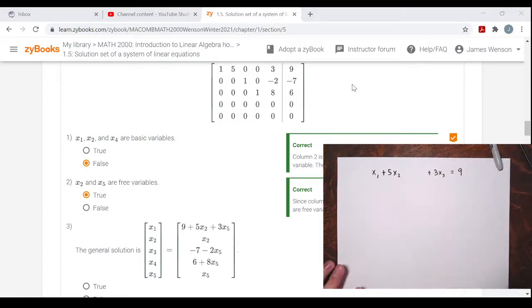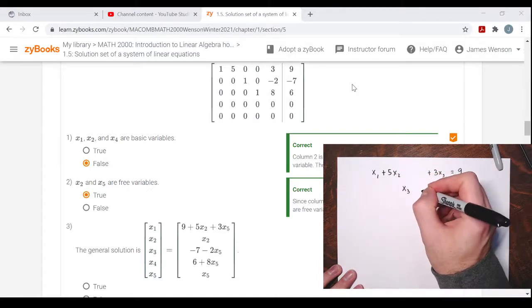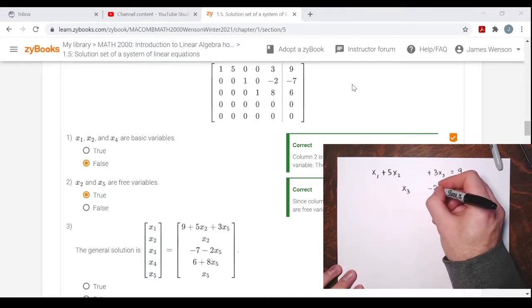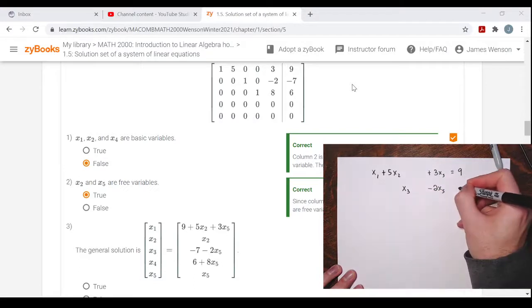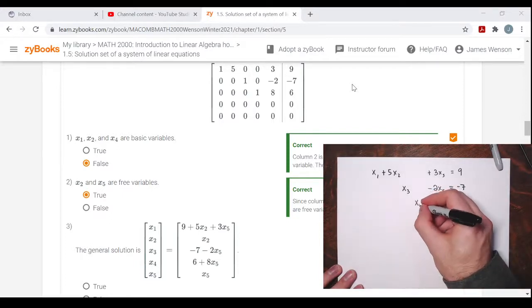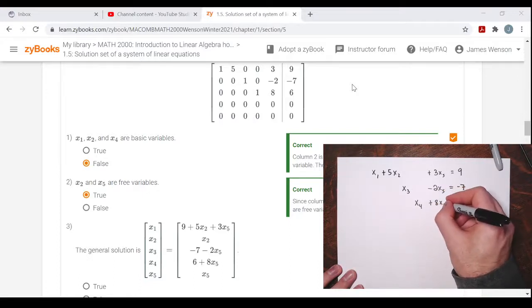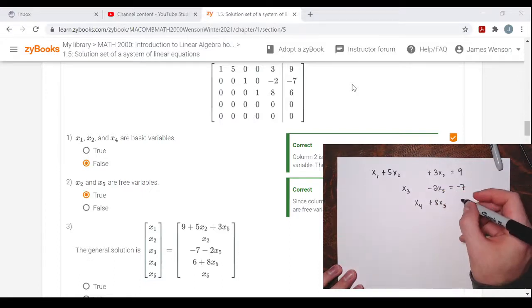The second row corresponds to 1x3, in the third column, minus 2x5 equals negative 7. The third row of the matrix corresponds to 1x4 plus 8x5 equals 6.